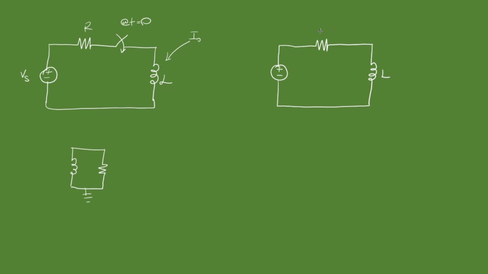So this is L, this is still R, and instead of just Vs, the voltage at the source, we're going to have Vs u of t. Remember what we said: u of t is 0 for t less than 0 and 1 for t greater than or equal to 0. That's essentially the setup for the problem.